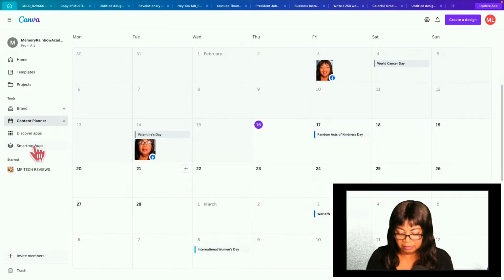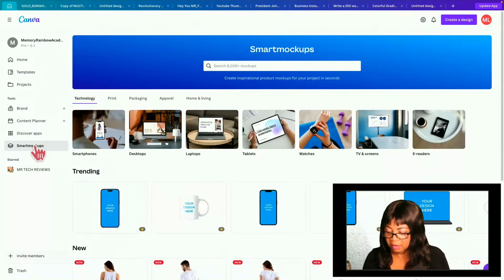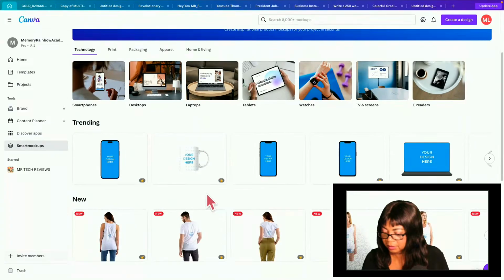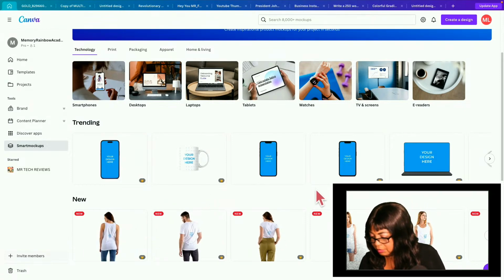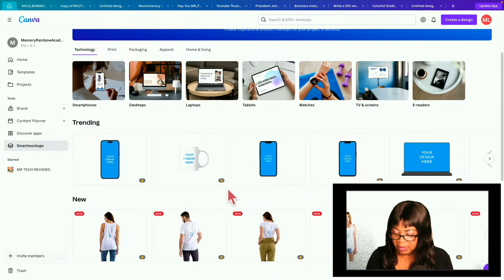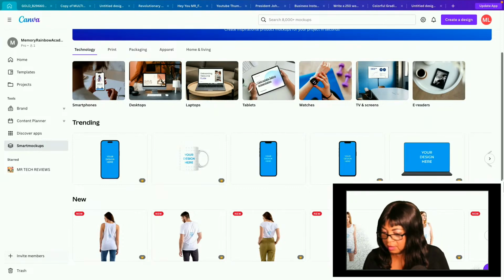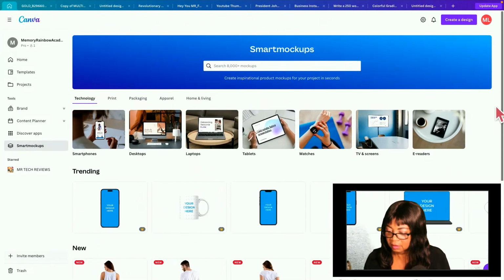They have mock-ups. If you wanted to do t-shirts, it allows you to do that as well. You see, these are some very nice t-shirts, and you can change the font and the text on these shirts and make them basically your own. So that's cool.